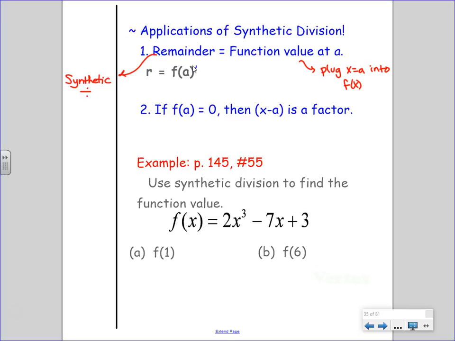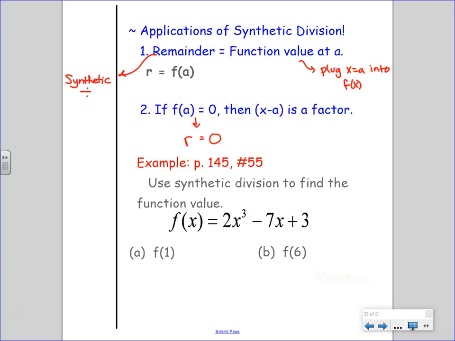Now one more clue, if f of a equals 0, look at this little statement above. What else equals 0? The remainder equals 0. If the remainder equals 0, hey, it's a factor. So sometimes it'll be easier just to plug into f and say, hey, is it 0 or is it not? And not even worry about synthetic.